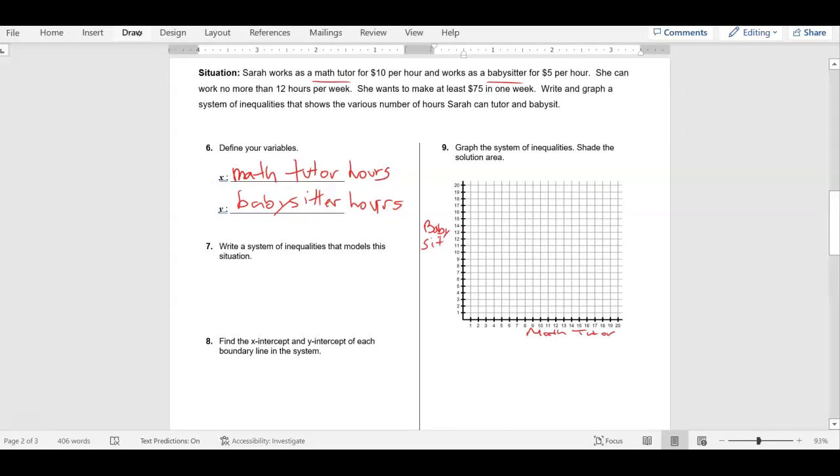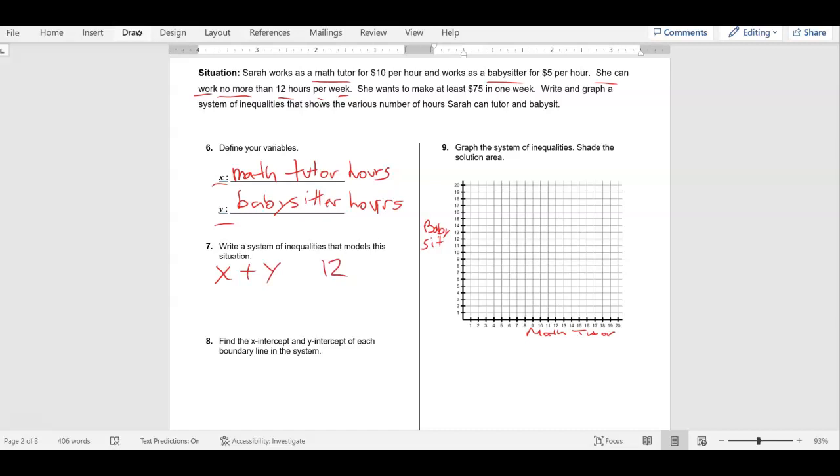Okay, so now number 7 is what we did on our warm-up. We need to turn these words into inequalities. So let's do that. It says she can work no more than 12 hours per week. So if I take my X and my Y and I add them up, it has to be no more than 12. So go ahead and put X plus Y, and we know we're going to have 12.